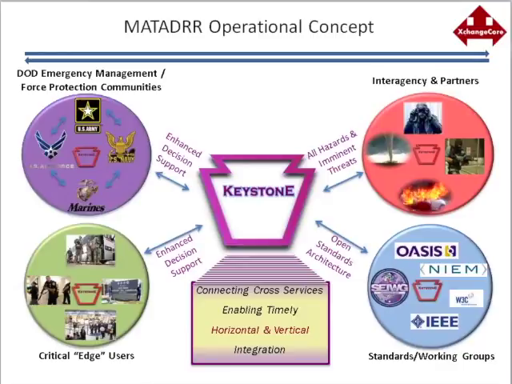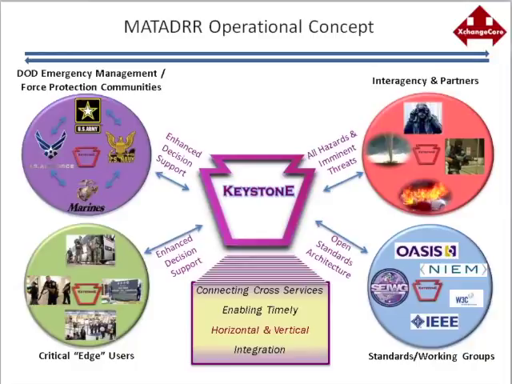Second component on the upper right-hand side, it is interagency, not just police, fire, emergency management, but across the military, the chemical biological commands, northern commands, other commands, and that link out to the ability to provide information to the civilian sector.